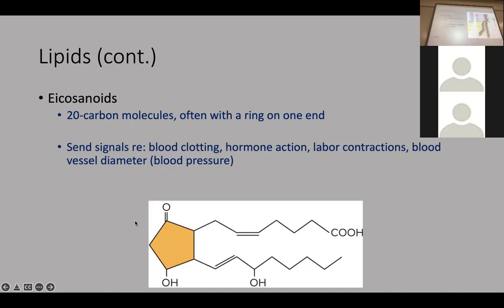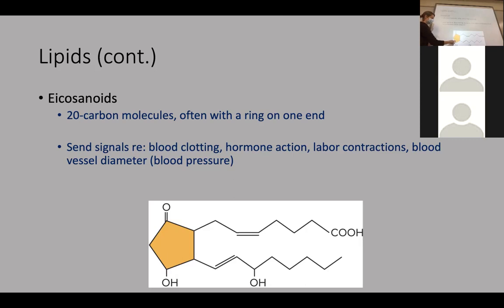Next, we have a couple of groups that you might not be as familiar with. Eicosanoids, you probably haven't heard of before you did your outline. If you put them in your outline, these are, again, long chains, so 20 carbon chains, usually with a ring at one end. So we haven't seen a ring yet, but here you can see basically a carbon ring.